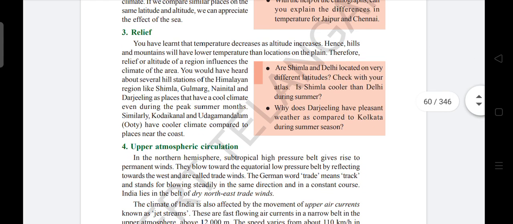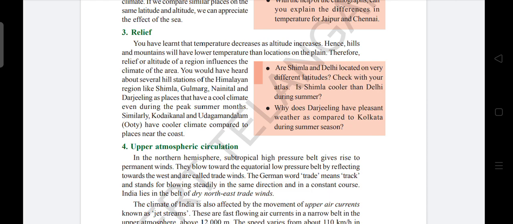Next is relief. You have learnt that temperature decreases as altitude increases. Hence, hills and mountains will have lower temperature than locations on the plain. Therefore, relief or altitude of a region influences the climate of the area.